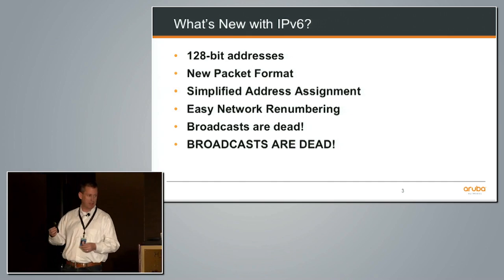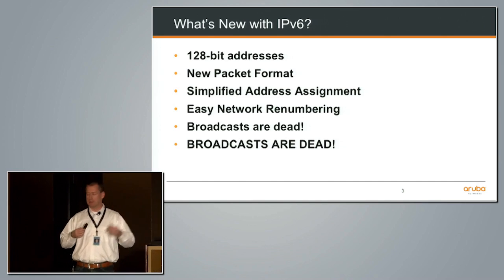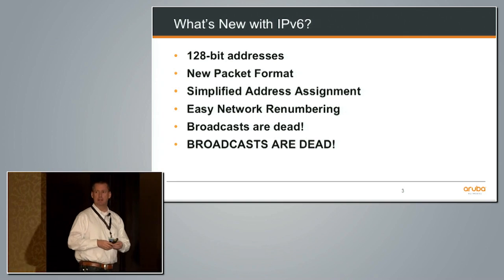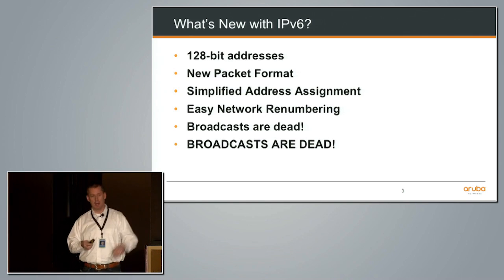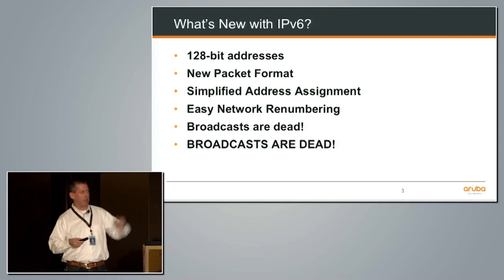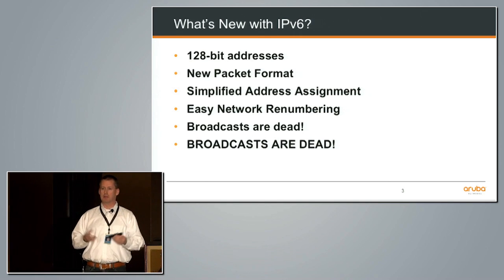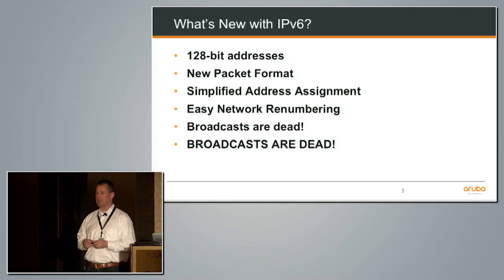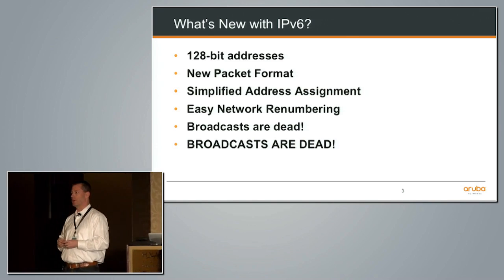There are new packet formats. And I really had to steal the theme we keep using all week: what's dead? 2.4's dead. I forget, there was something else that was dead. Broadcast is dead. And just to make it clear, it's a good thing and a bad thing. And it really is the linchpin of the whole discussion.